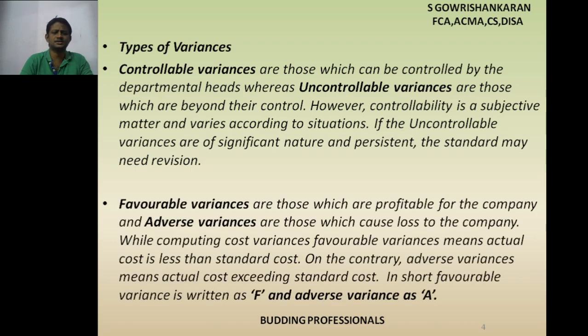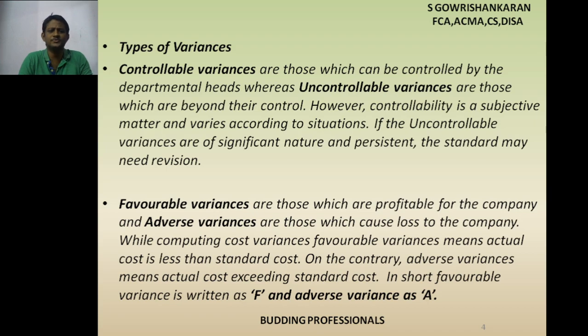Favorable variances, adverse variances. What is this favorable, adverse? Favorable means I am spending less, so it is favorable. Adverse variance means I am spending more. How to identify that? For example, your standard costing is 10,000 rupees, but actually it is 9,000 rupees only.